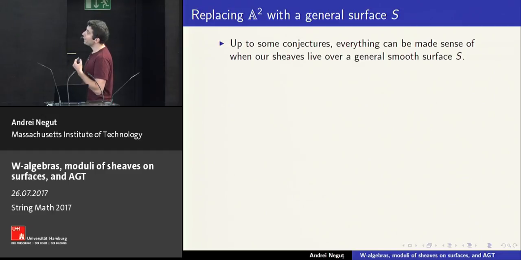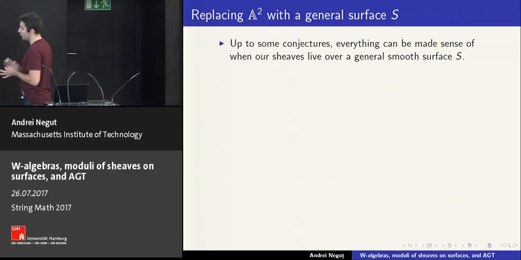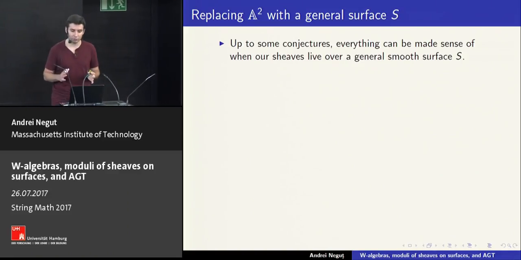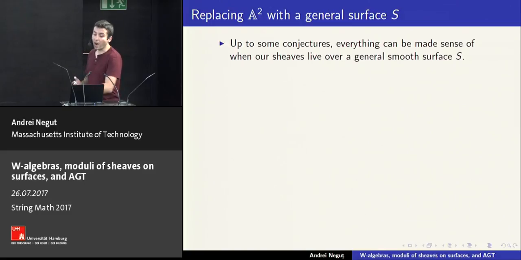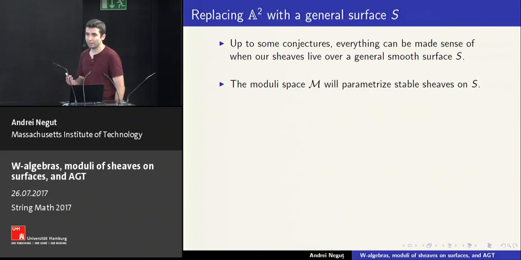So you can actually make sense of all of this stuff when your sheaves, instead of living on A2, live on a more general surface S. And this is not completely proved because it's based on some conjectures having to do with the moduli space of stable sheaves on S and a W-algebra action, which hopefully at some point in the future we will prove, but I don't have it yet. But I can at least formulate statements and they make sense.